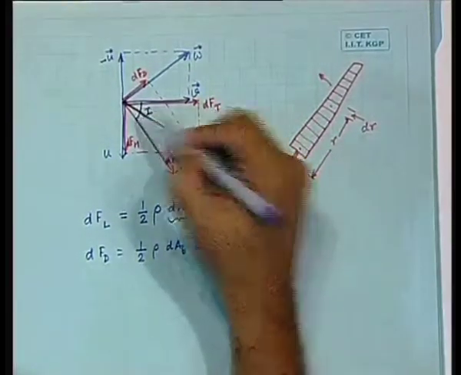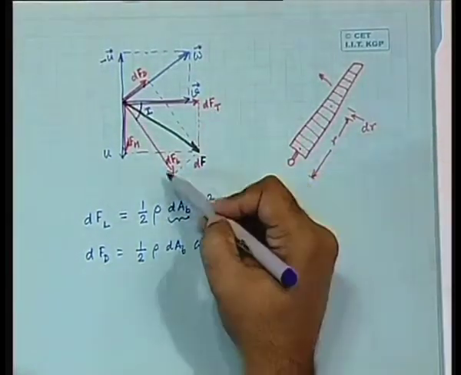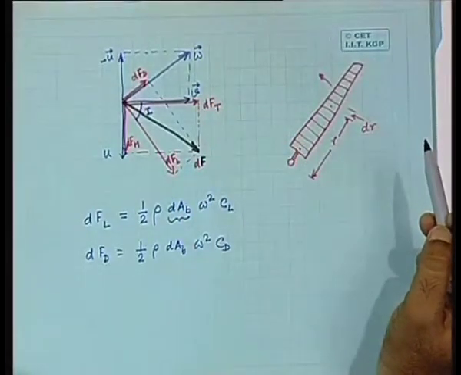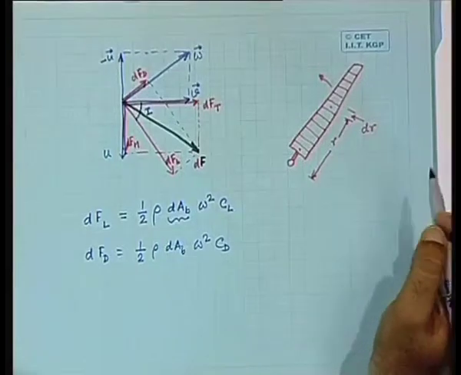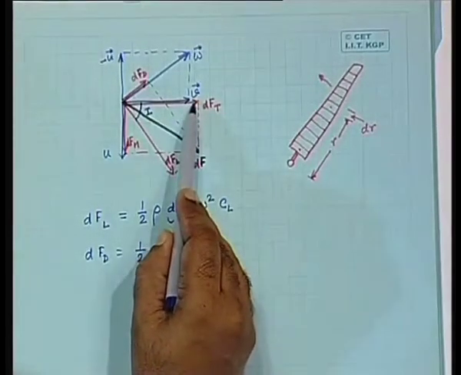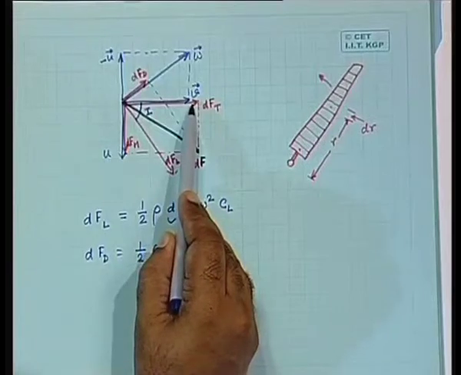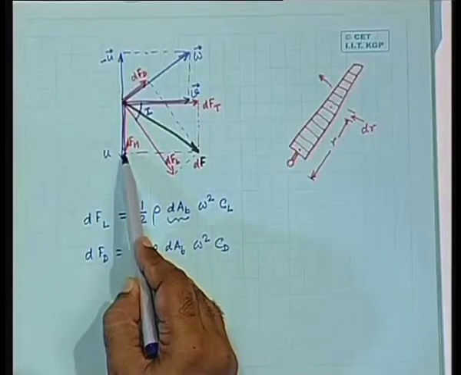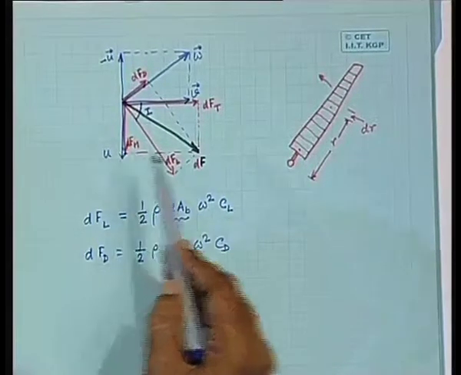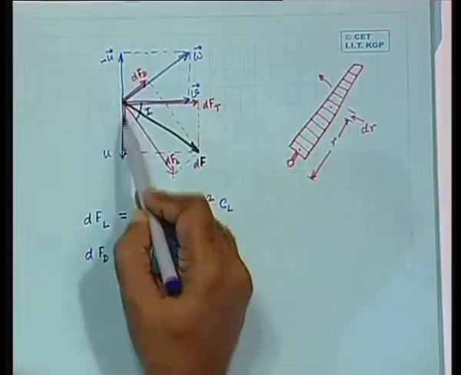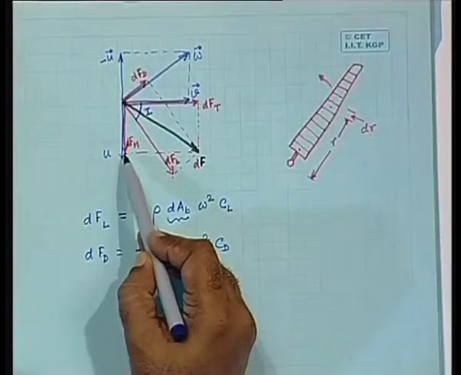Do you see this angle? Then we can resolve these into the proper directions in terms of the I. So we can write, we are interested in actually the thrust force, because the tower has to withstand that amount of force. We are interested in the moment producing force because the power produced is dependent on that. Okay. So we can resolve this and that in this direction and in this direction to obtain these.